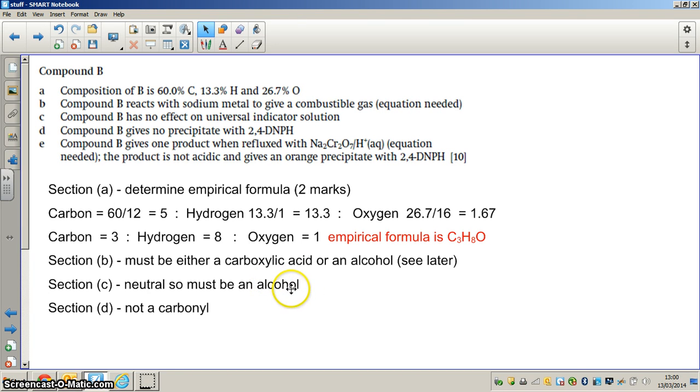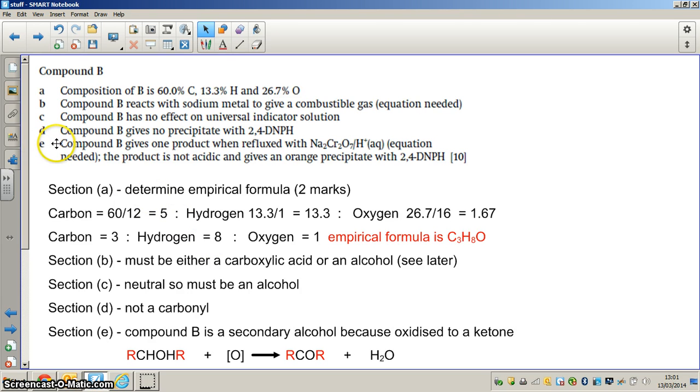And then section D tells us that there is no reaction with 2,4-DNP, which, if we recall, is our standard test for a carbonyl, an aldehyde or a ketone. So that's really confirmed that we do have an alcohol. It's not a carbonyl compound, it's not a carboxylic acid.